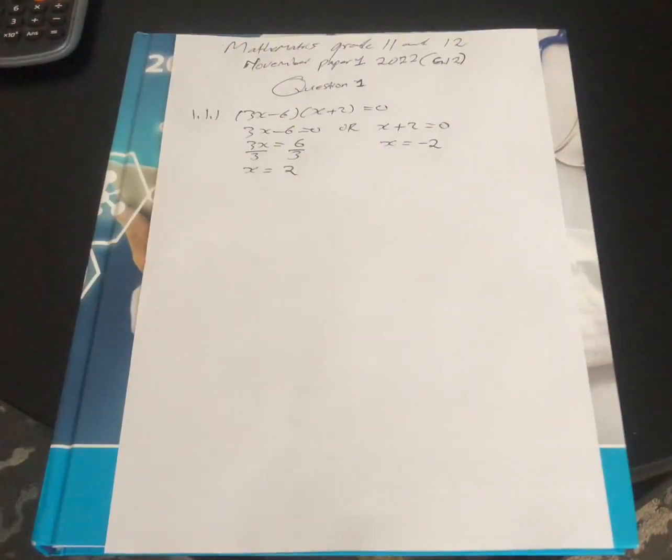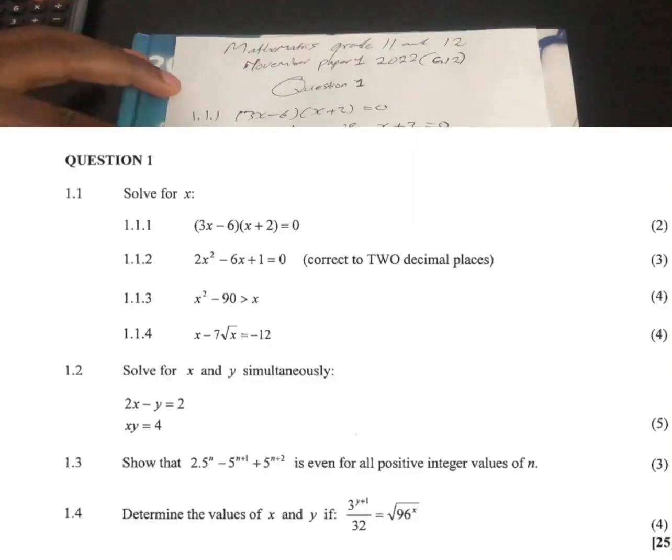2 marks to answer 1.1.1. Then we go to 1.1.2. If you look at the question, it says that you must solve for x: 2x² - 6x + 1 = 0, correct to 2 decimal places.